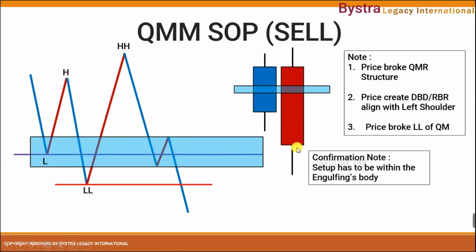And make sure, guys, that on the higher time frame we must always have an engulfing candle, and make sure that the setup is in the engulfing candle's body, not on top of this wick. At the bottom here is fine, or this area is fine, but not on top of this wick. Price will then react to this area and continue downwards.